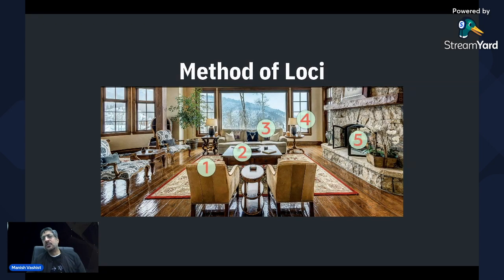And then there is also this method of loci. In fact, if you look at your phones, right? Your phones typically have a lot of these applications, right?